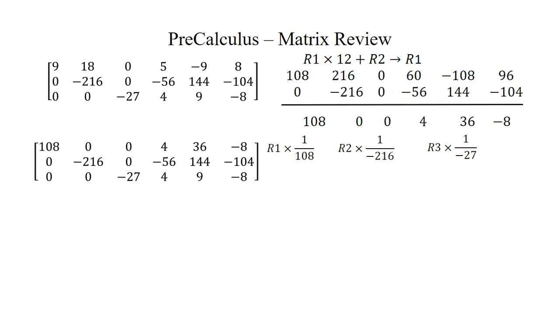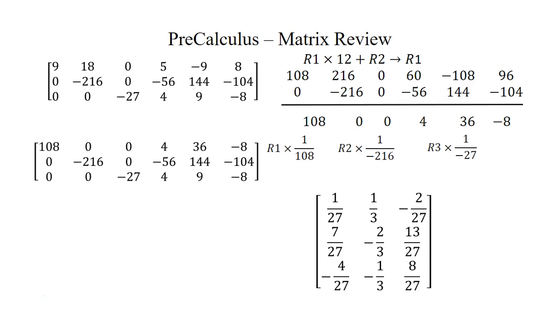And for the third row, divide by negative 27 or multiply by negative 1 over 27. And that will give me 1s in the first 3 columns, which is the identity matrix. In the last 3 columns, we get the inverse. So we have found our inverse by using row operations. All right, let me know if you need any help.